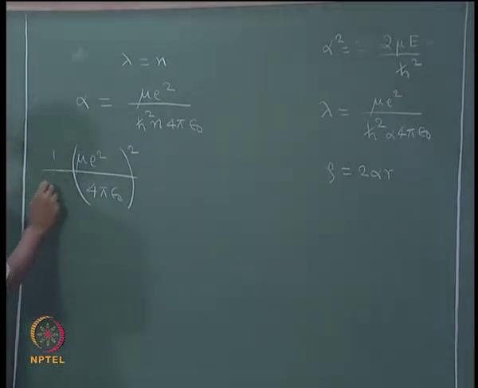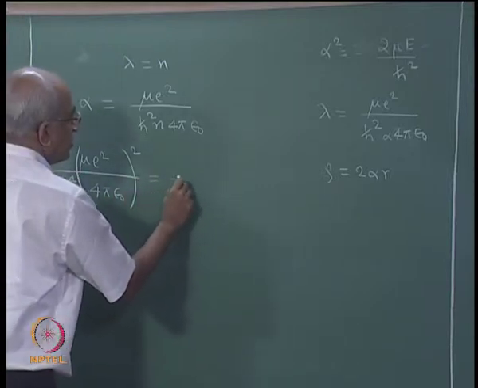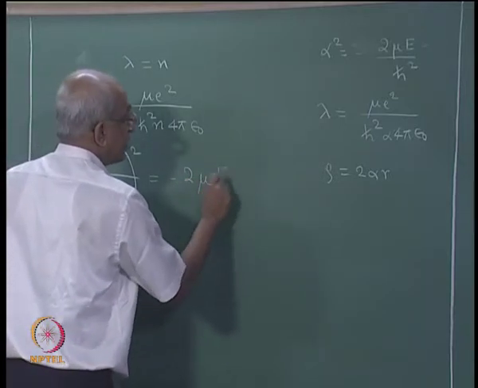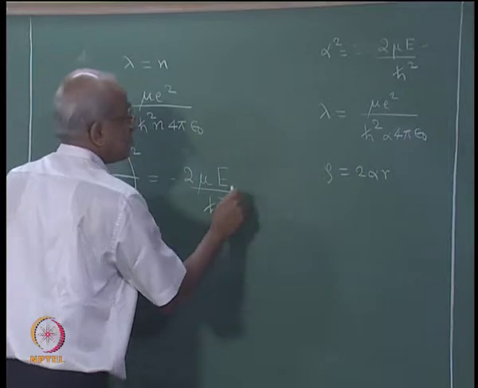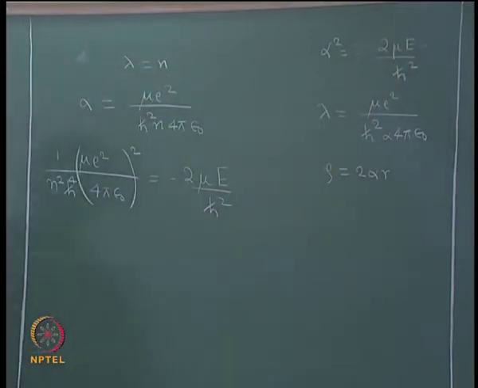1 divided by n square h cross to the power of 4, and that should be equal to minus 2 mu E divided by h cross square, because alpha square must be equal to minus 2 mu E by h cross square. So, you can rearrange this, what will be the expression for E?